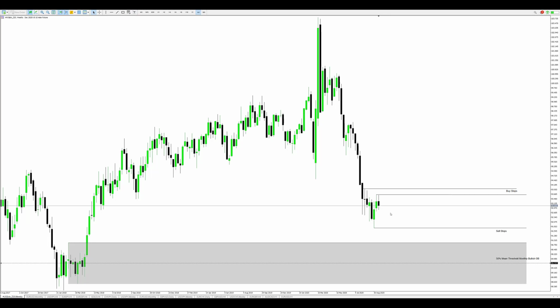So since we're expecting market to be drawn to sell stops, sell side liquidity, can you see this gap in here, this imbalance in this price action? It was filled here, right? We've got price imbalance here, then it was filled.